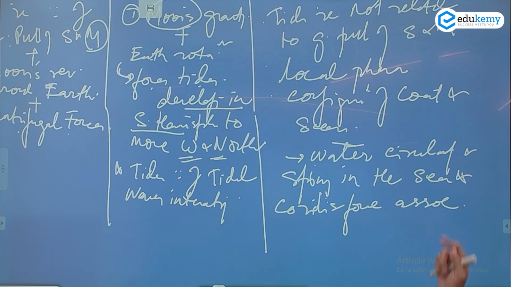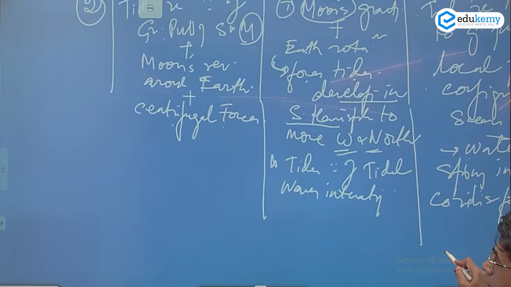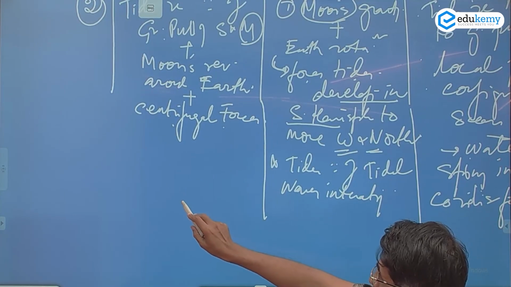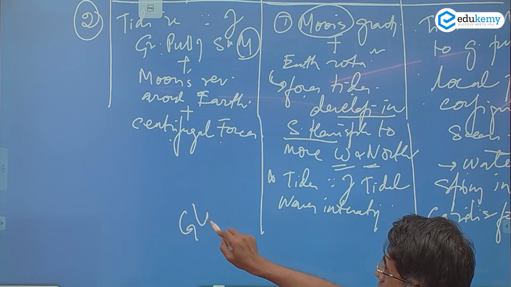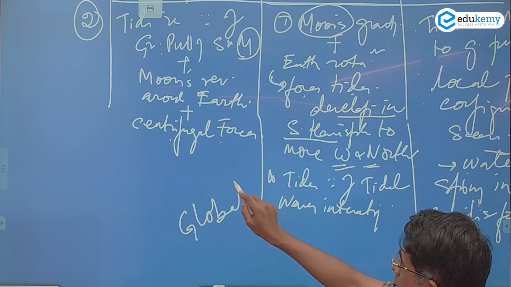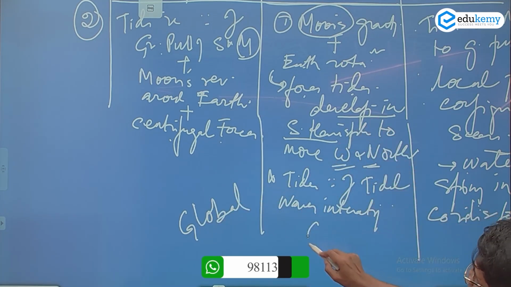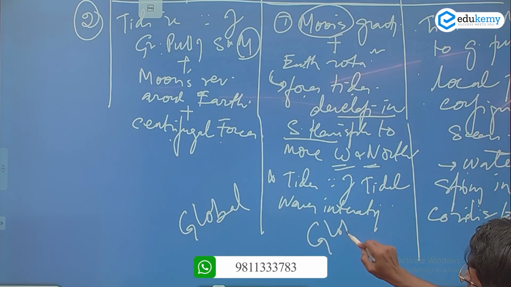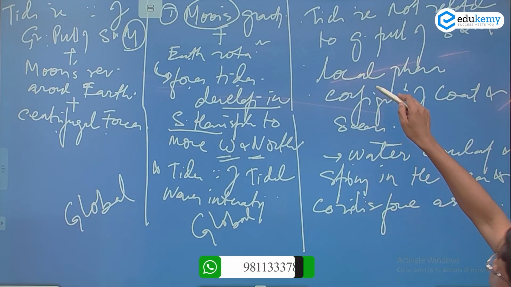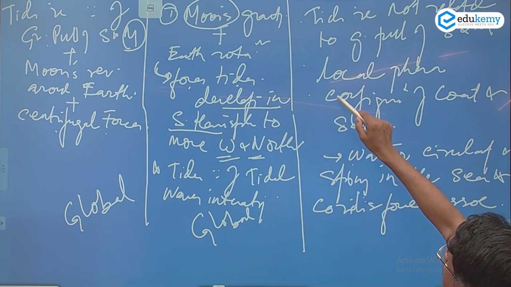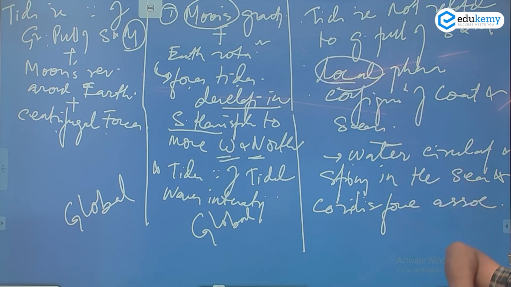So if you compare the three, Newton's theory is a global theory, tides as a global phenomenon. This also says tides are a global phenomenon. Whereas this theory says that it is more of a local phenomenon.